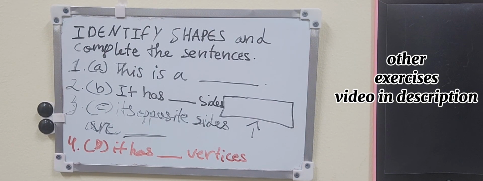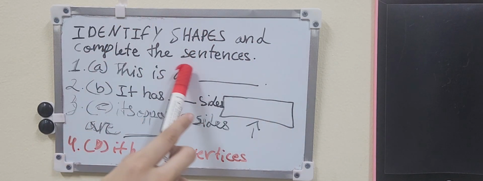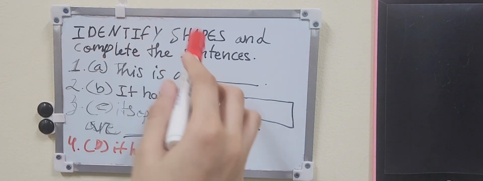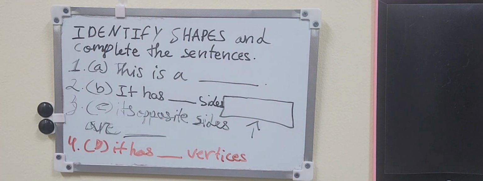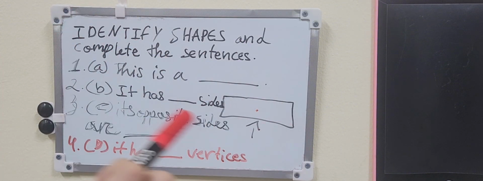So for exercise 1, we have identify shapes and complete the sentences. They're telling us to identify the shape that is in the question and complete the sentences according to it.